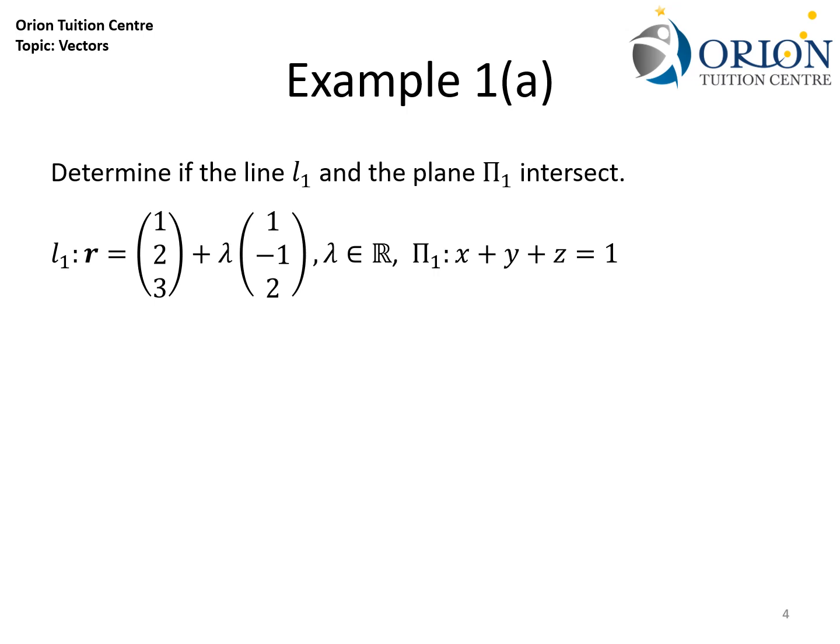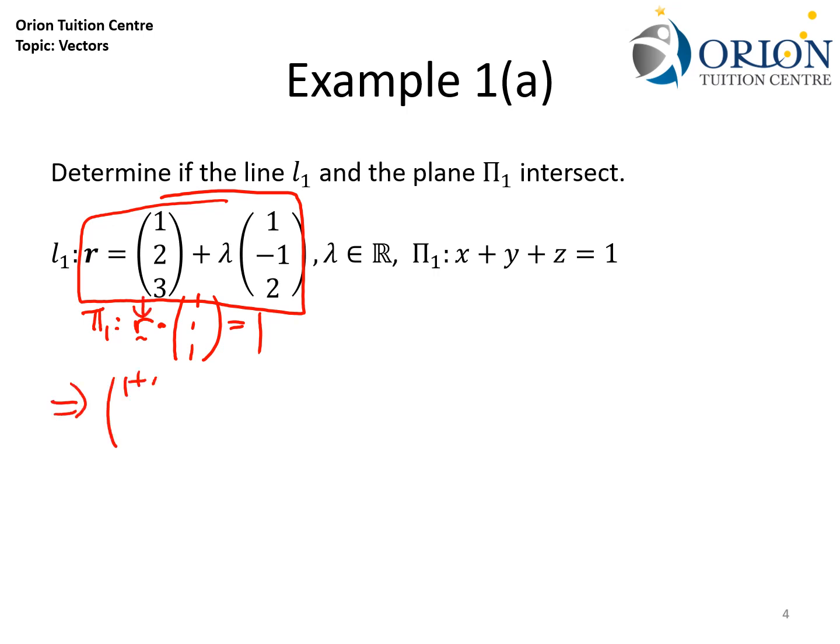In example 1a, we have the line L1 and the plane pi. To determine whether the line and the plane intersect, we will have to do a substitution. First, we'll change the equation of the plane into scalar product form, r dot (1, 1, 1) equals 1. Now we can substitute the equation of the line into the equation of the plane, and this gives us (1 plus lambda, 2 minus lambda, 3 plus 2 lambda) dot (1, 1, 1) equals 1.